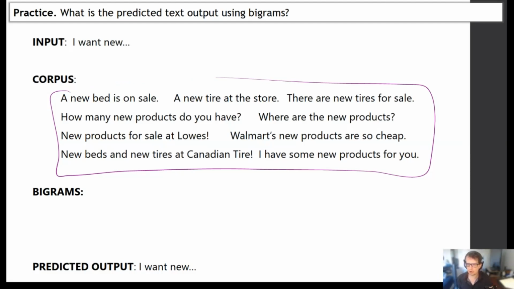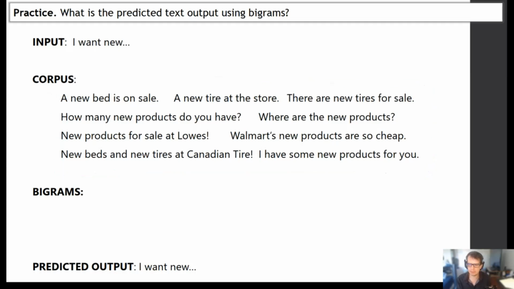So we're going to do this based on bigrams. What we're going to do is take a look at the word "new." And we're going to ask ourselves, what word comes after "new"? And based on the probability of which word comes after "new" most often, that's the word that we're going to predict that someone wants to type. So basically, we're going to take a look at the word after "new" in each of these sentences, and then we're going to tally them up.